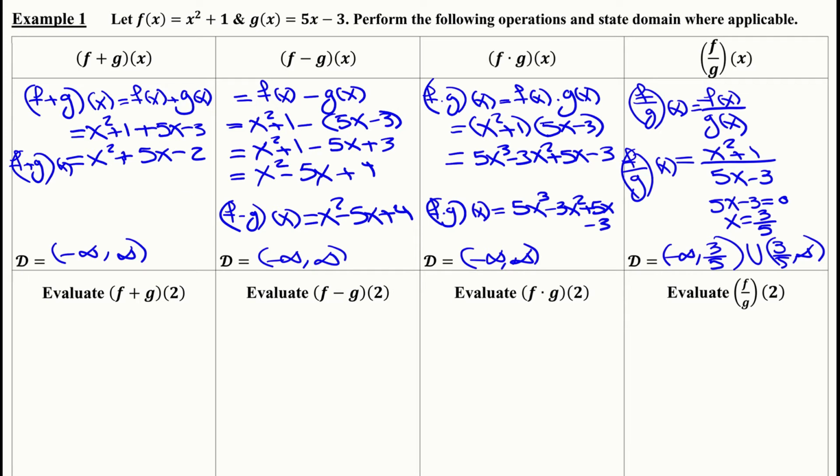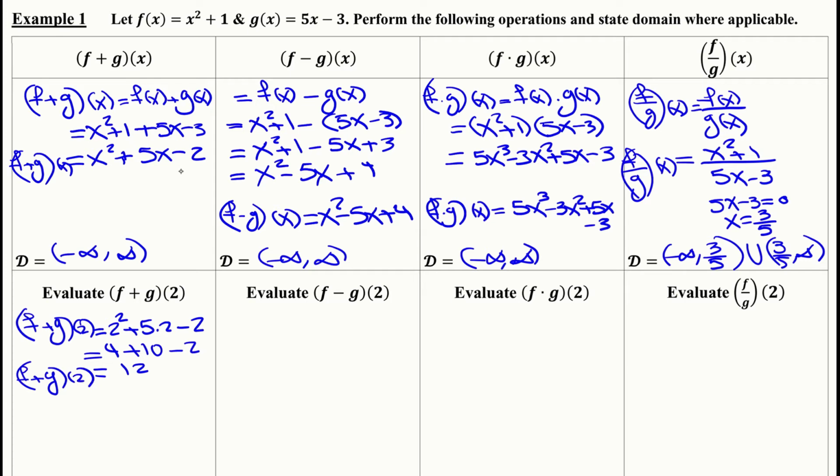So that would give us f plus g of 2 equals 2 squared plus 5 times 2 minus 2. So that's going to give us 4 plus 10 minus 2, and we know that that's 12. And that is f plus g of 2.